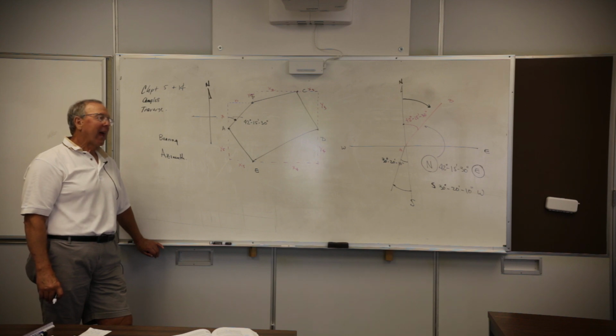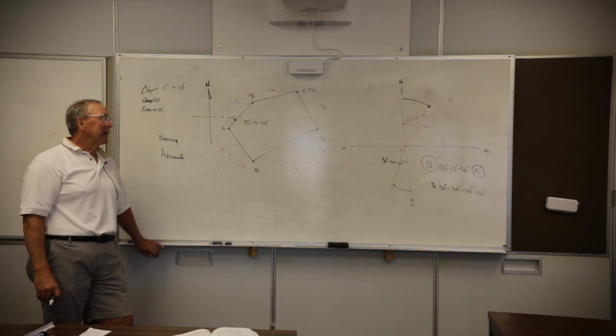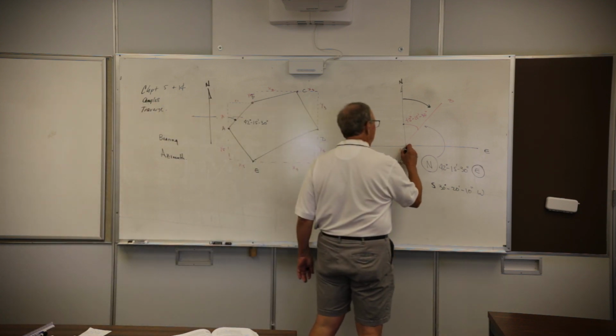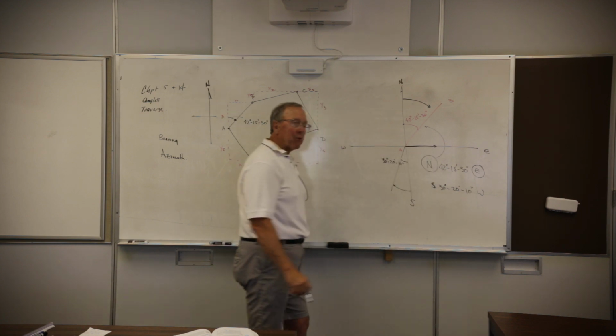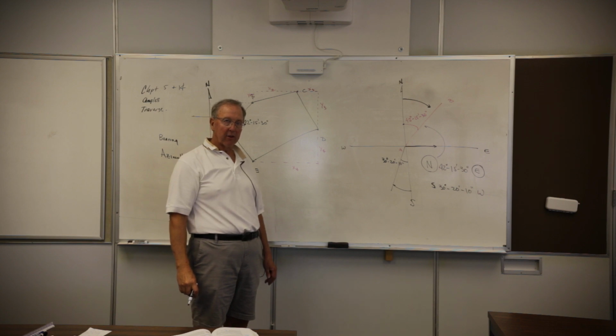The bearing angle will never exceed 90 degrees. Okay? If it's 90 degrees, if my vector was right here, that would be a true east vector.